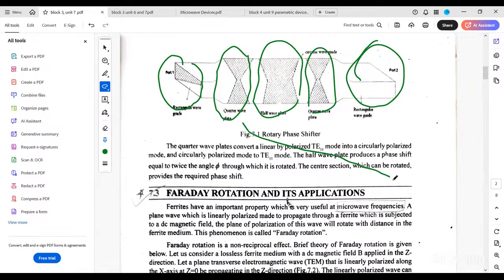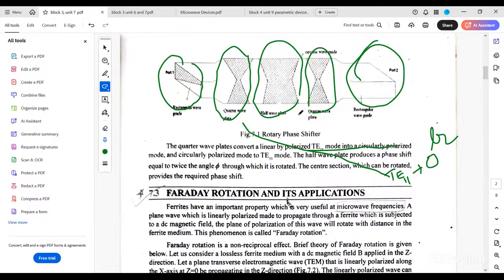It converts the transmission signal TE11 to circular. The quarter wave plate converts the linearly polarized TE11 mode to circularly polarized.